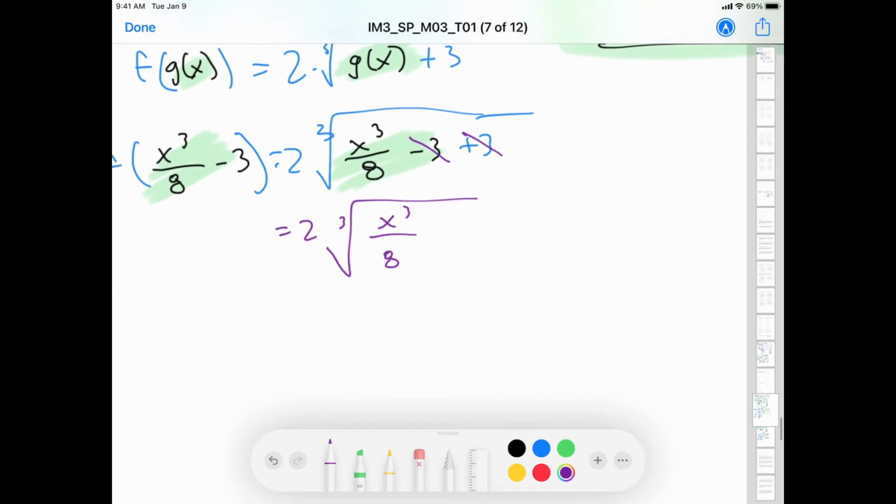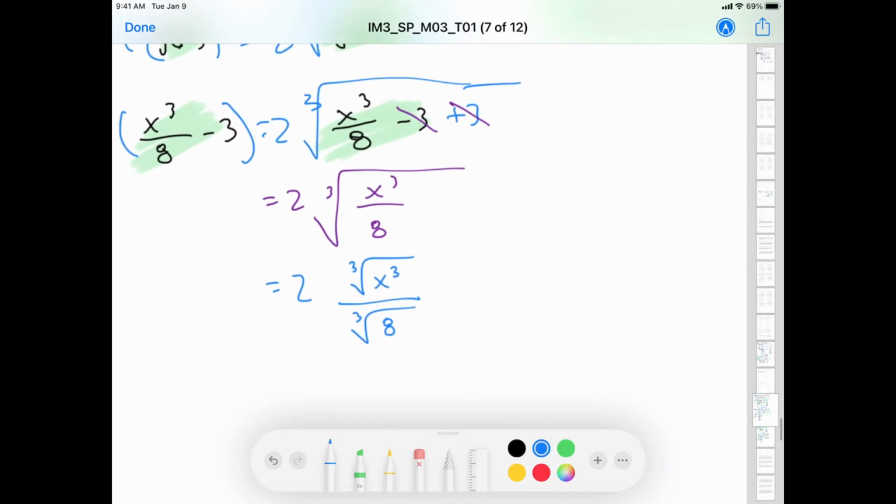Okay, so with that fraction now, we can actually just separate them. What I mean by that is you have the cube root of x to the third all over the cube root of 8. Well, again, this means, do you have 3 of these to come out?